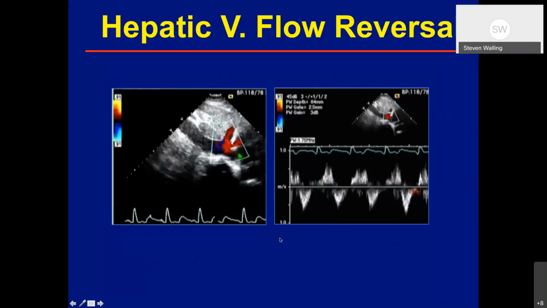So that is the hepatic vein flow reversal. This is where the red color goes up during systole, and you look at the EKG during systole, and the flow goes up. Normally, it goes down, and also during diastole.